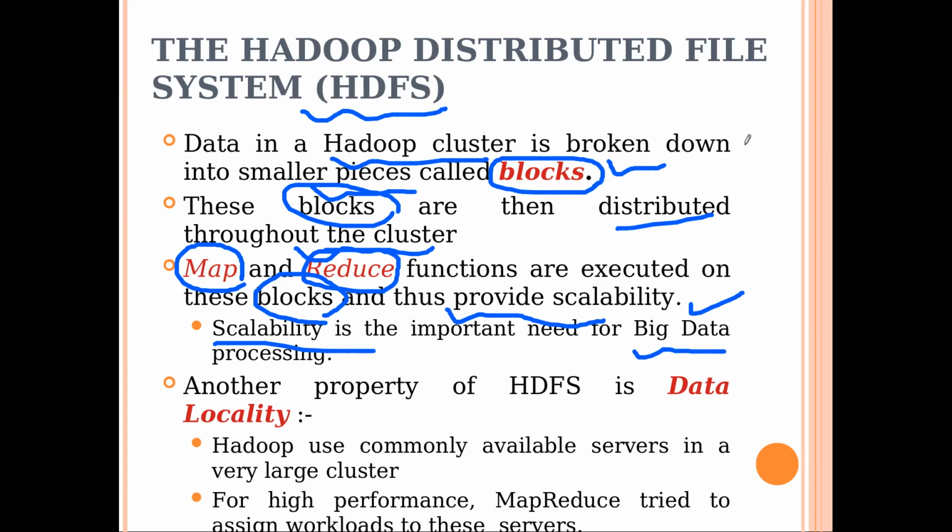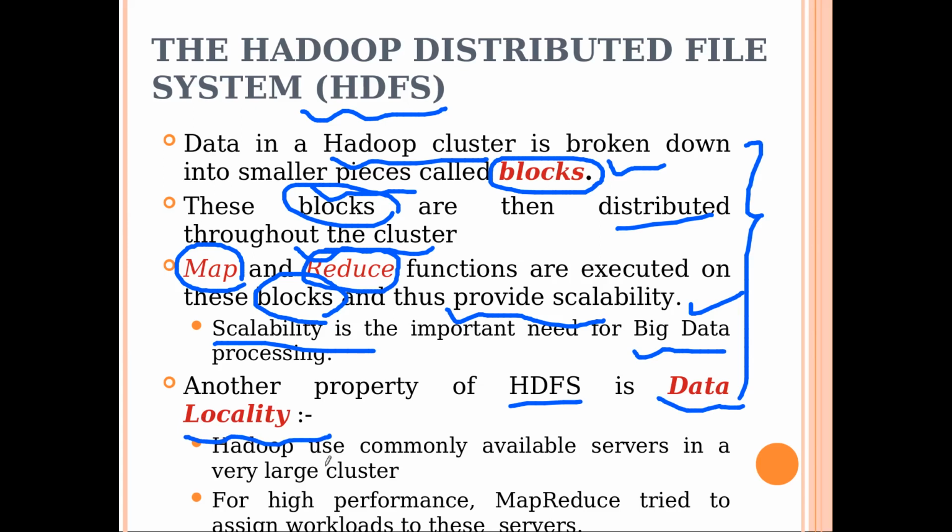Okay, so in the overall Hadoop cluster architecture, the data is divided into different blocks and distributed over different machines or nodes present in the cluster. So we can process more data, that means more scalability. That is actually the major feature of big data processing. Then another property of HDFS is its data locality.